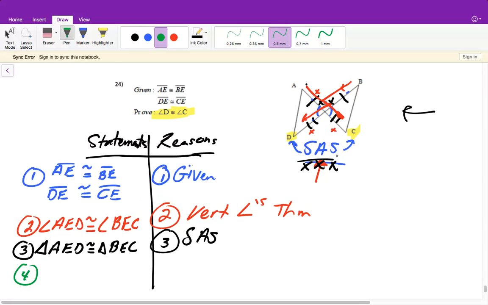Once we said that the triangles were congruent, we said that we would be able to say the angles are. Well, if we notice, D and C are in the same position, and when 2 figures are congruent, we know by their congruency statement that our corresponding parts are congruent as well.